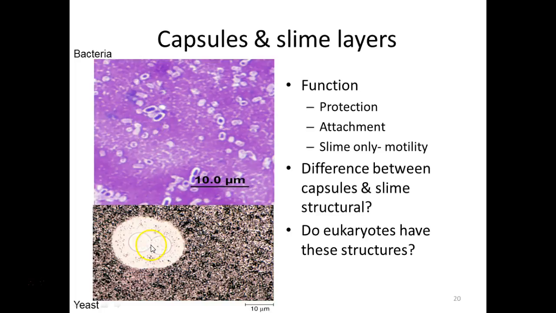Same thing here. This is actually a yeast, right? So if this is a yeast, do eukaryotes have capsules? What's a yeast? It's a fungus, right? What are fungi? Eukaryotes. So the answer is yes.